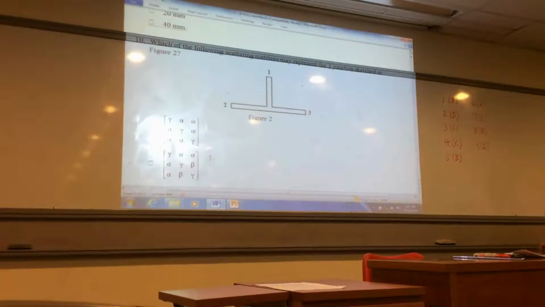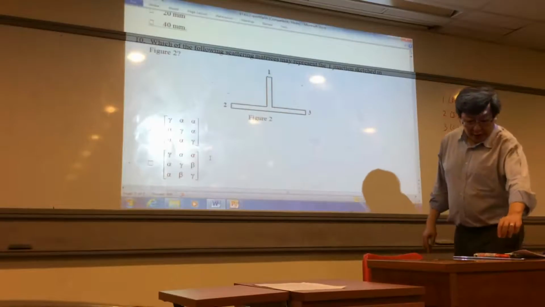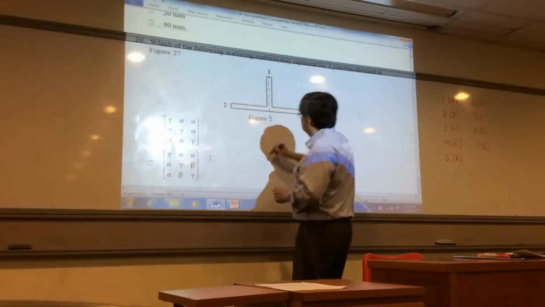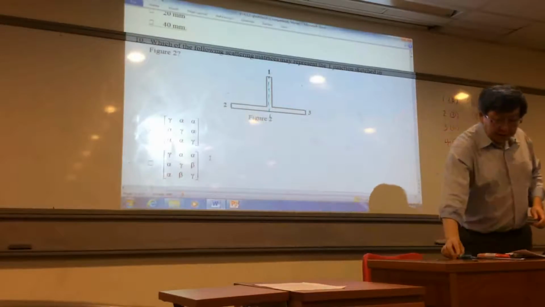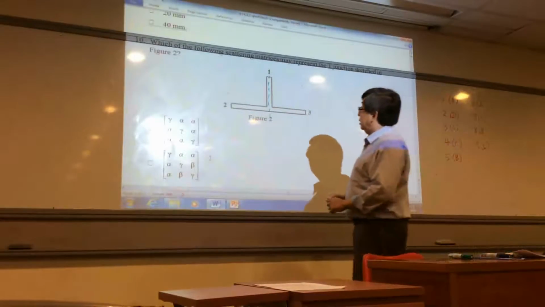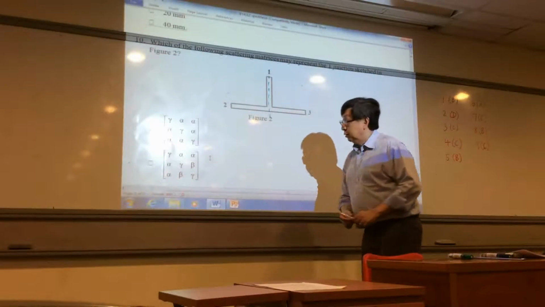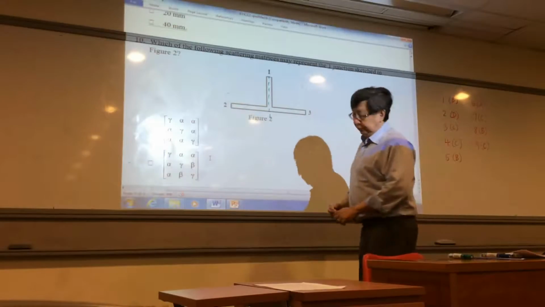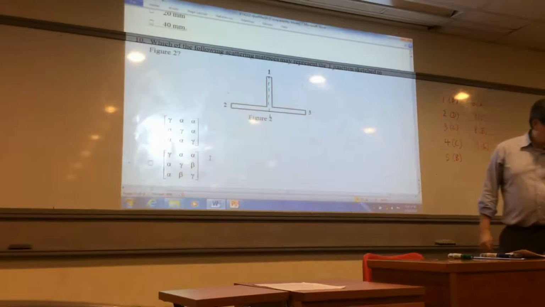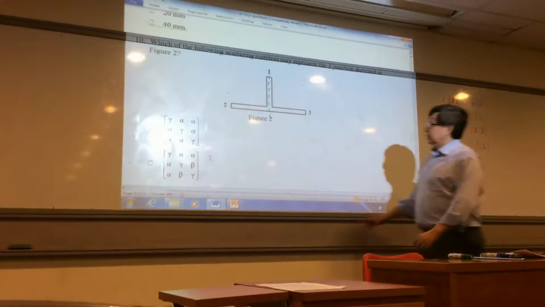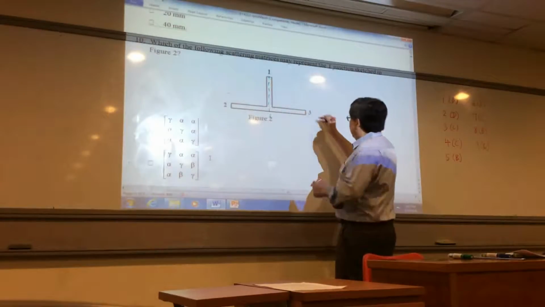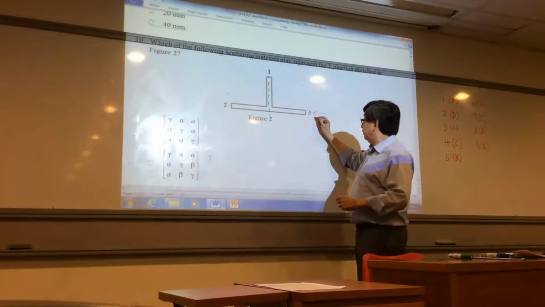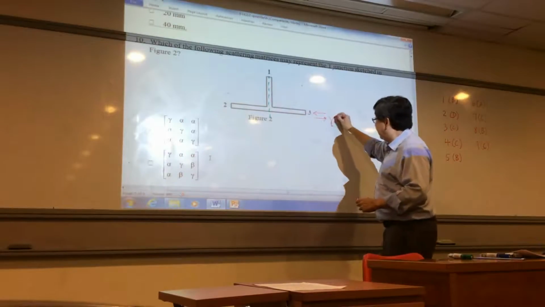Question 10 is like this. Looking at it, we see that there is symmetry here. So you have symmetry about here. A signal coming in here will be reflected by, let's say, gamma.